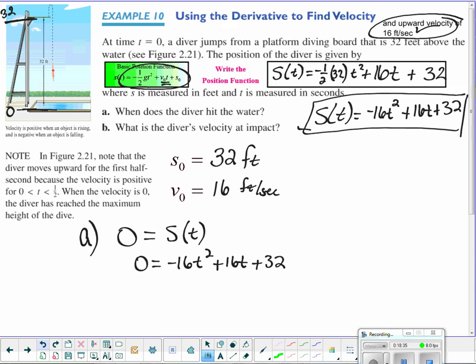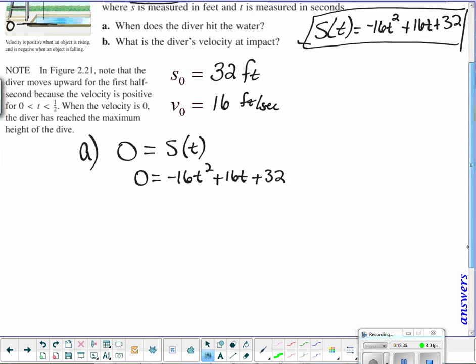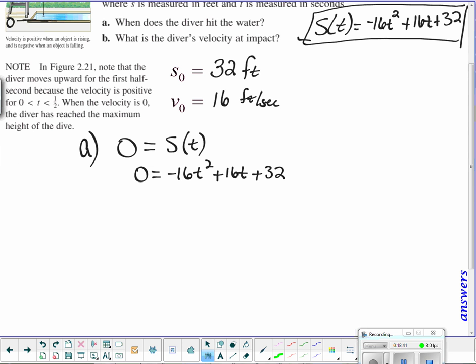How do I solve a quadratic? Well, I could use the quadratic formula, I could graph it and look for the zeros, or we could factor it. And in this case, factoring is not going to be too bad. It has a GCF of negative 16, so let's factor that out. That'll give us a t squared, a minus t, and a minus 2.